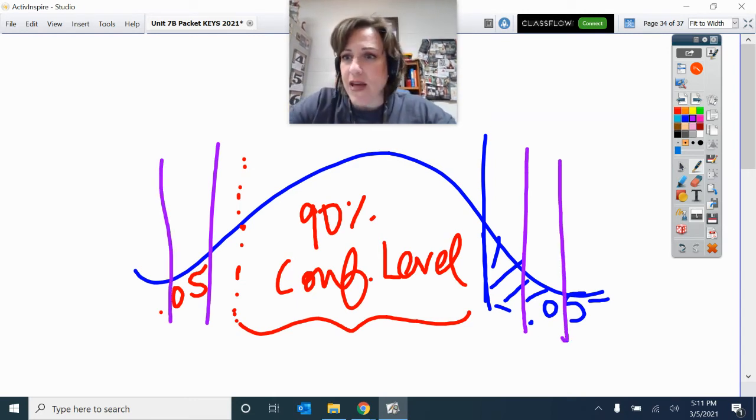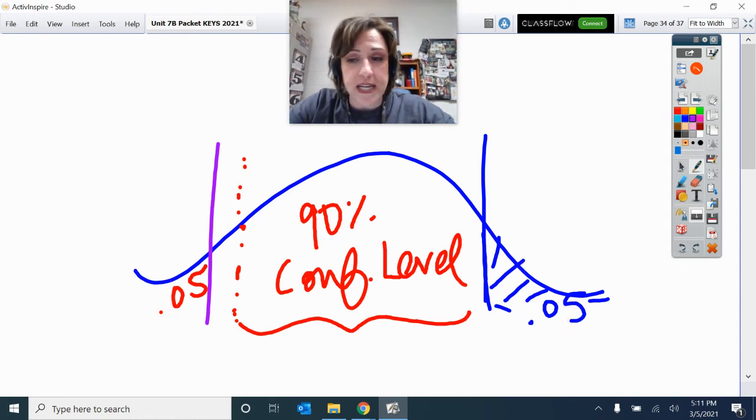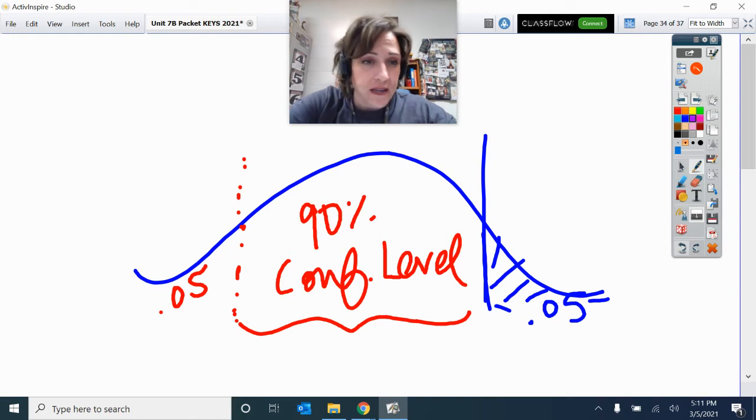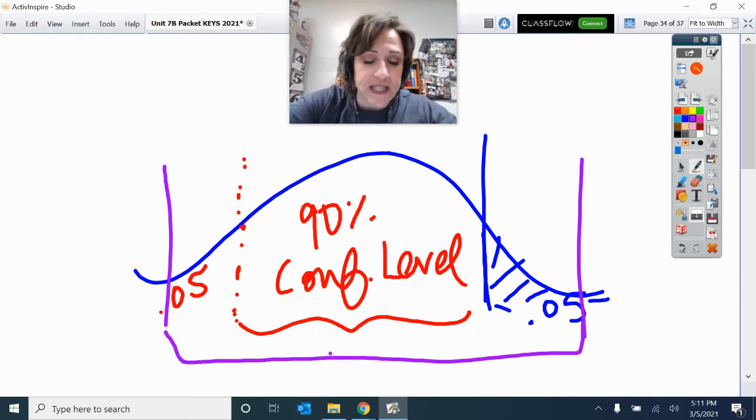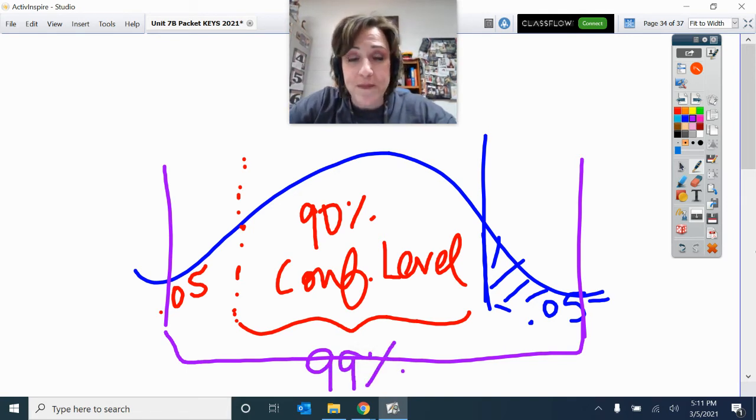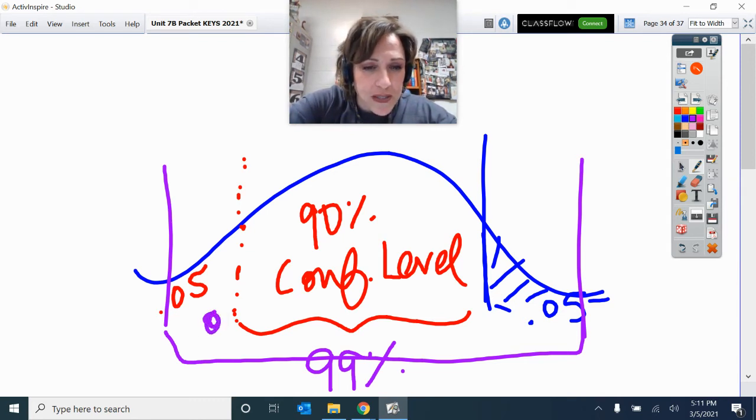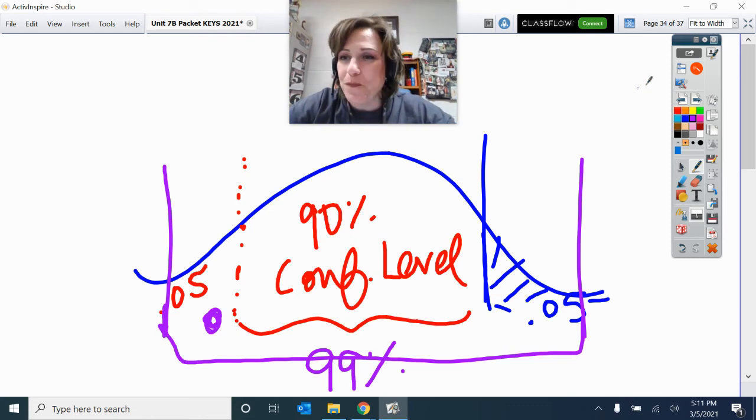99% is going to only have 0.5% in those upper and lower tails. Not 5%, but 0.5%. So a 99% confidence interval covers a whole lot more area, wider. What happened was it went over the 0 about right here, and it went into the negatives over there.